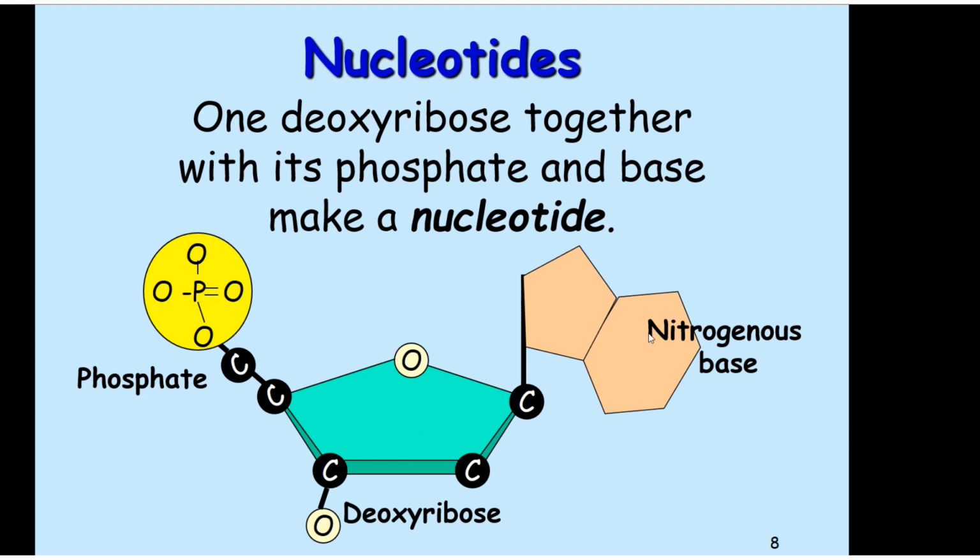Phosphate, sugar, base. Yes? And here you have a deoxyribose, which means it does not have an oxygen on this side. It only has it here. You see it? It doesn't have it over here. But if you take off the deoxy, it's ribose. All right.